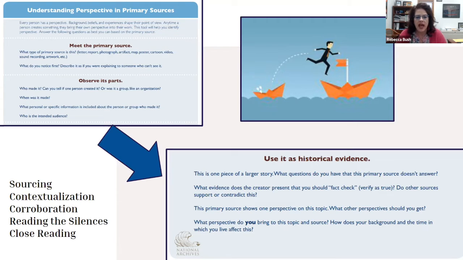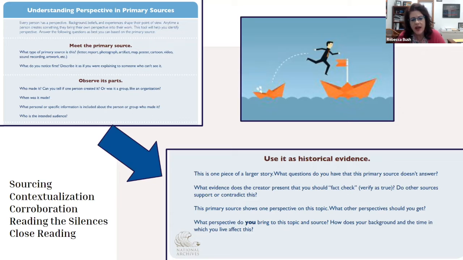But I think sometimes in our rush, because I think most secondary teachers feel like we hit the ground running on day one and there's not nearly enough time in the school year to address all of the content in our content standards, nor is there enough time to help our students practice repeatedly those skills that are a part of the C3 framework.